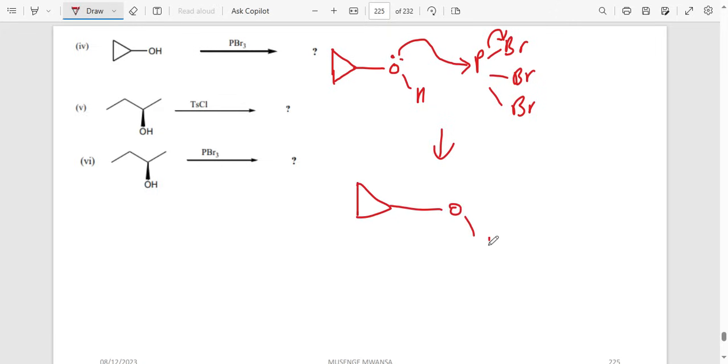We have got oxygen with a hydrogen. It has now attached P, two Brs there. This oxygen is positively charged, right? And then the next thing that is going to happen is your Br is going to come in at this point. So for here, there's no need of even grabbing this hydrogen.